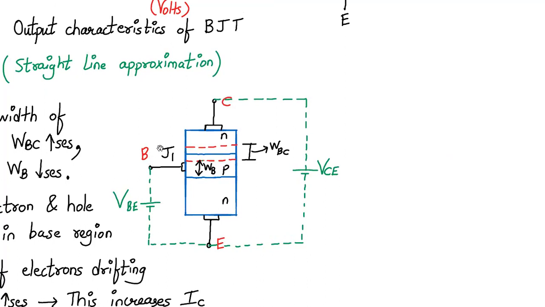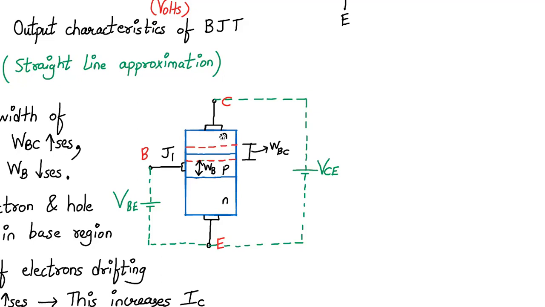We know that J1 is the base to collector junction. Normally in a BJT, the base emitter junction is forward biased, and the base collector junction is reverse biased. So let's consider WBC as the width of this depletion layer.